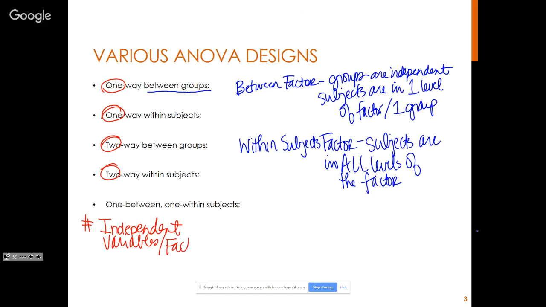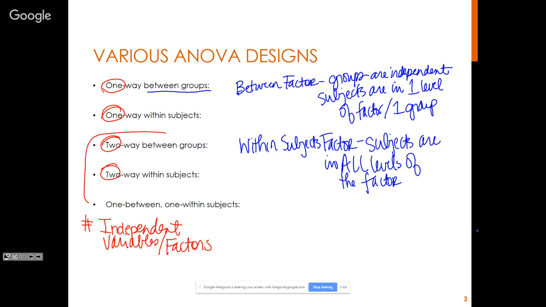So when we talk about factorial designs, which one of these are factorial designs? Which is it? The two-way, yeah.